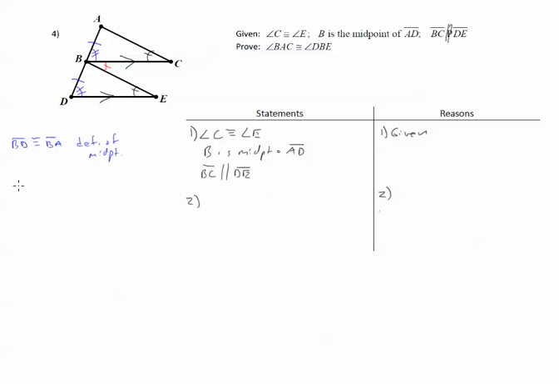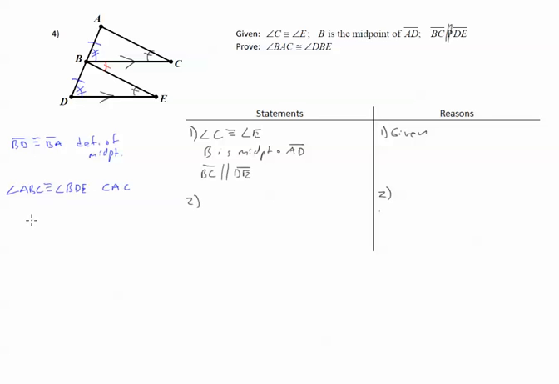So let's write down what we've discovered here. Angle ABC is congruent to angle BDE because they are corresponding angles, and corresponding angles are congruent.